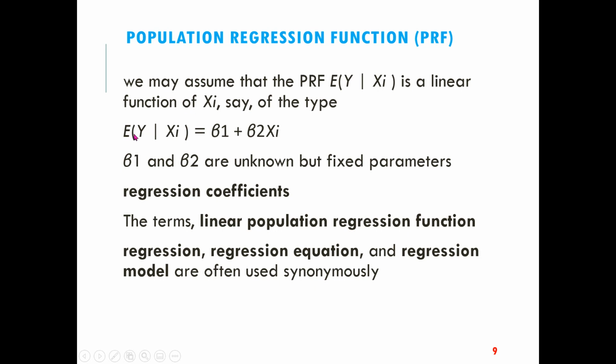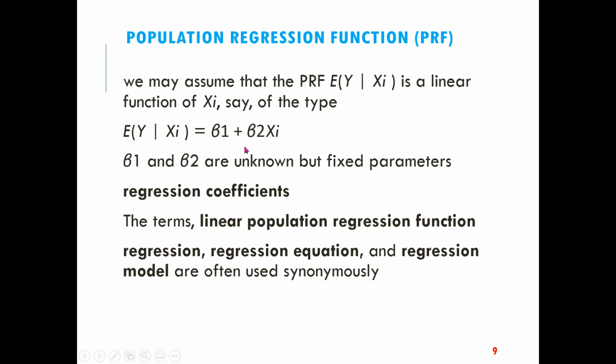So if I say that, relating back, if my dependent variable was consumption, so expected consumption for a given value of income is equal to some constant plus another constant multiplied by the value of income, right?